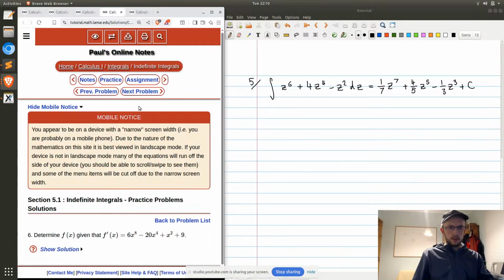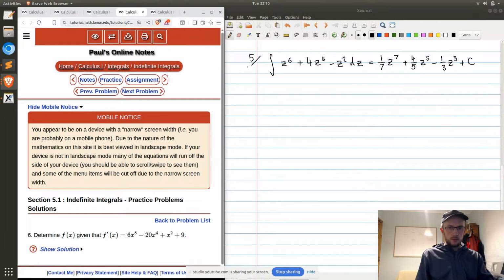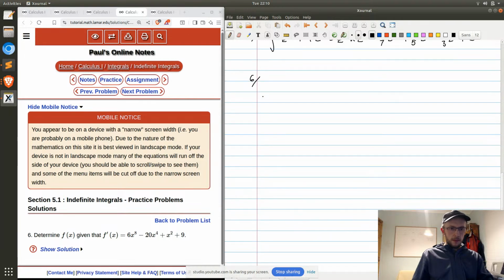Correct. Determine f of x given that f prime of x equals 6x to the 8 minus 20x to the 4 plus x squared plus 9.